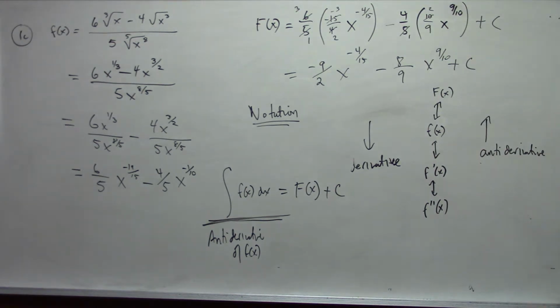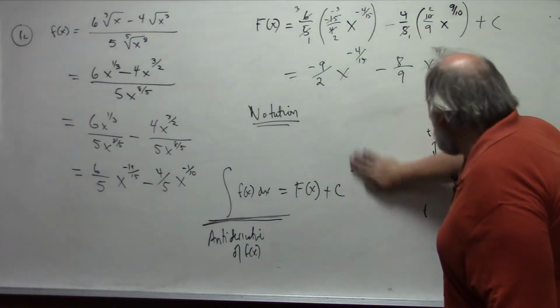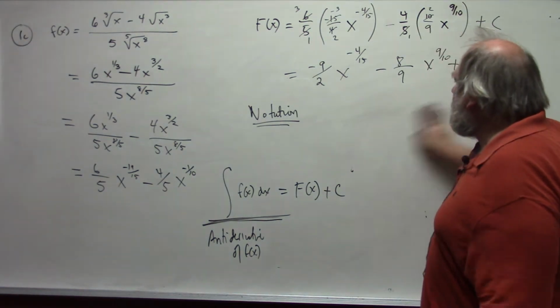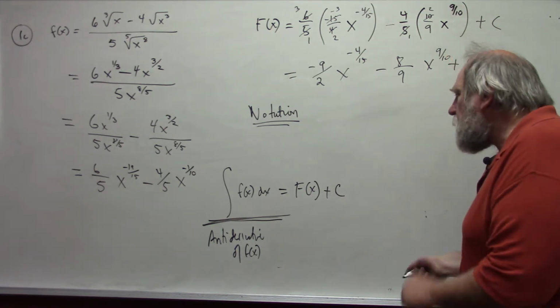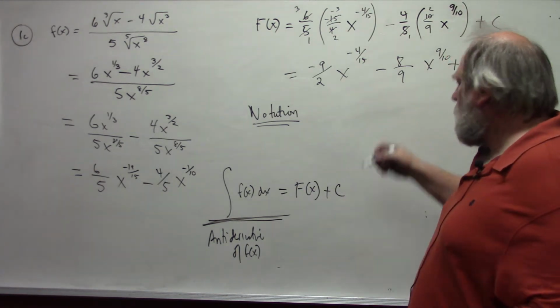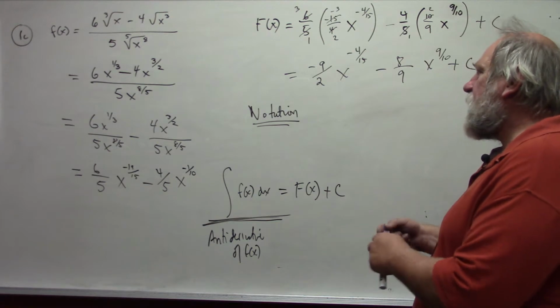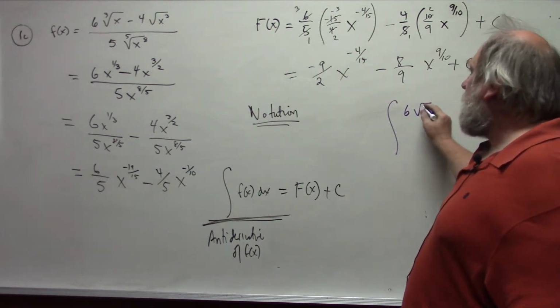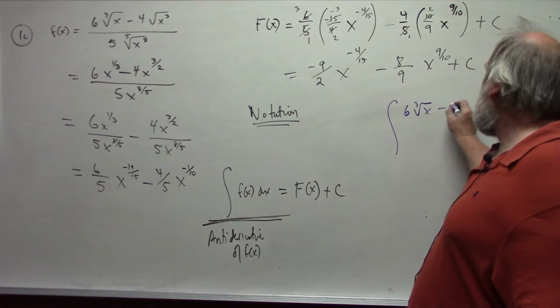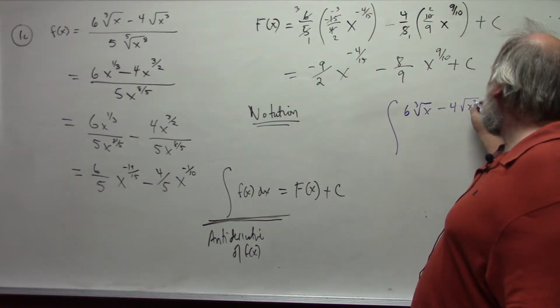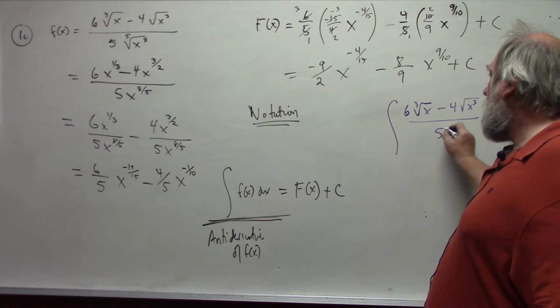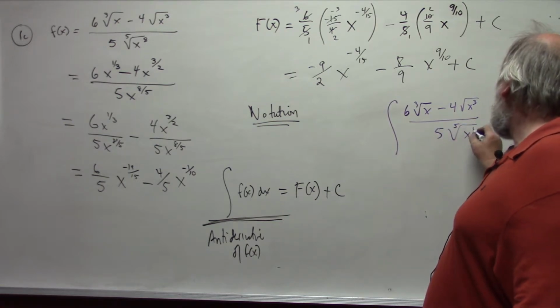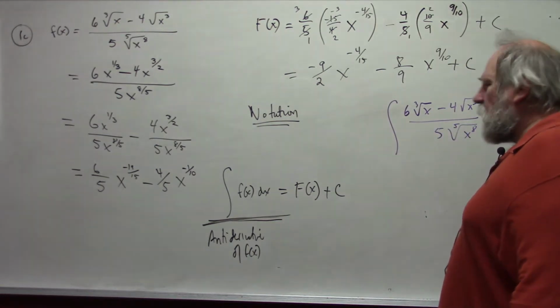And so based on this, let me erase this part of it. Based on this, I could have said the antiderivative of 6 cube root of x minus 4 square root of x cubed over 5 fifth roots of x to the 8th. Don't worry about the dx.